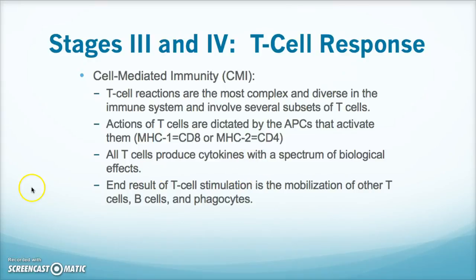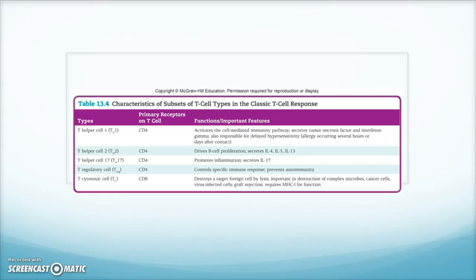The T cells can then produce cytokines that have a large amount of biological effects on other parts of the immune system. At the end of T cell stimulation, you should see a mobilization of many other types of T cells, stimulation of B cells, and then of phagocytes, cells that can continue to phagocytize whatever the foreign particle or cell is.